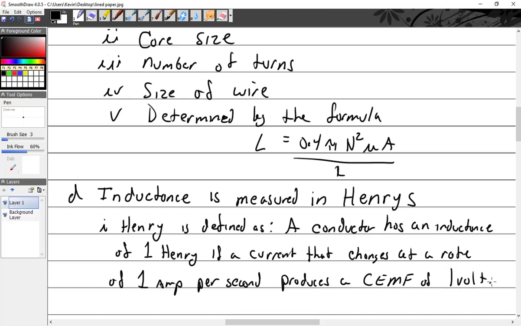Henrys can be calculated by the formula CEMF equals change in I over change in T multiplied by L. And I actually went so far as to create an example to prove to you that I'm right.